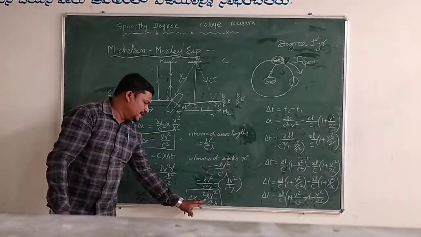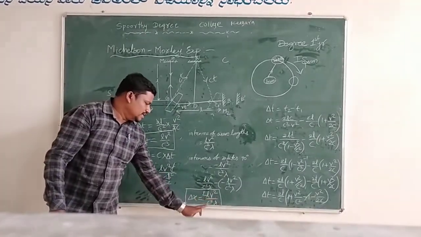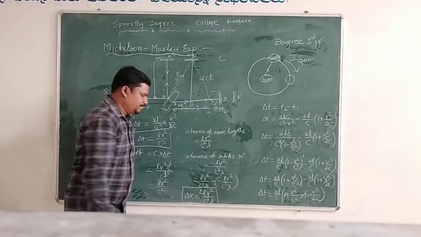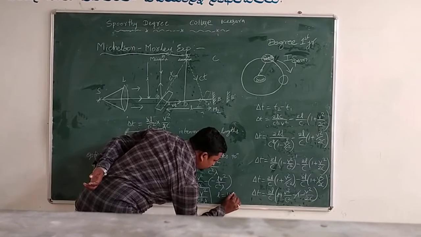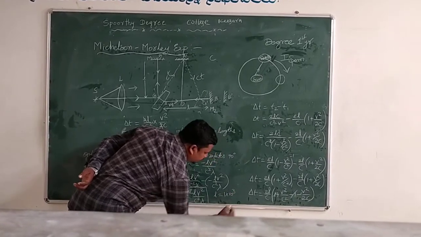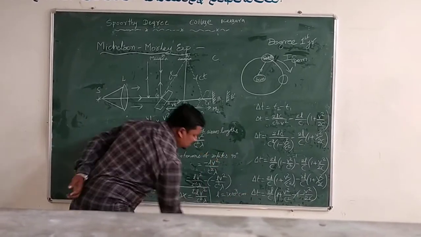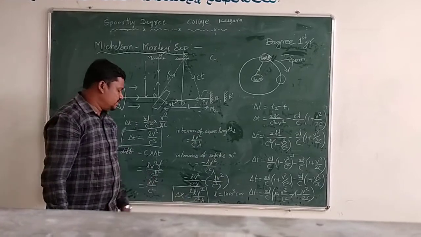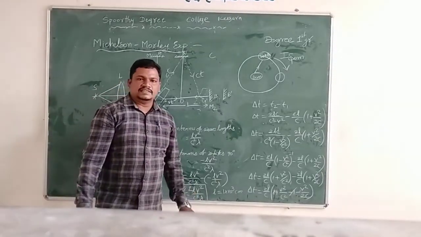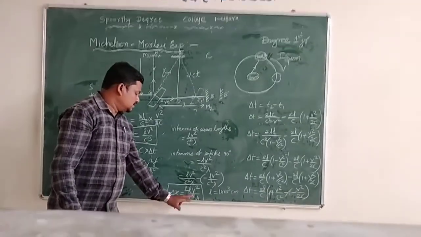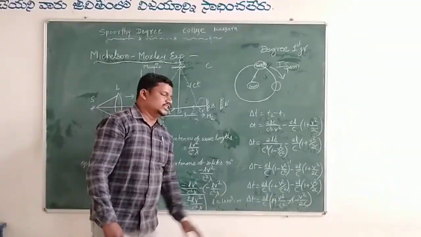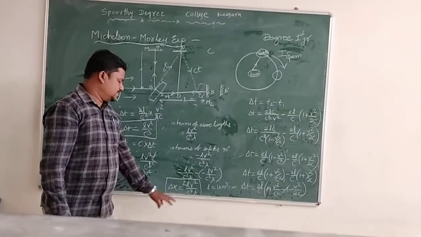Then we know the values of L, V, C and lambda. L value is 1 into 10 to the power of 3 centimeters. V value, velocity of the earth, is 3 into 10 to the power of 6 centimeters.